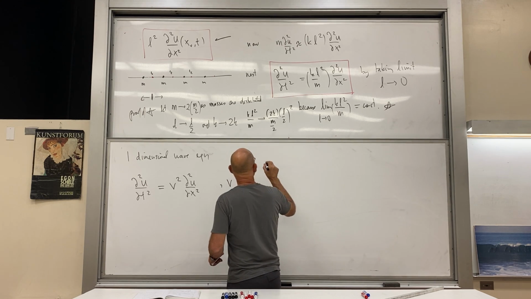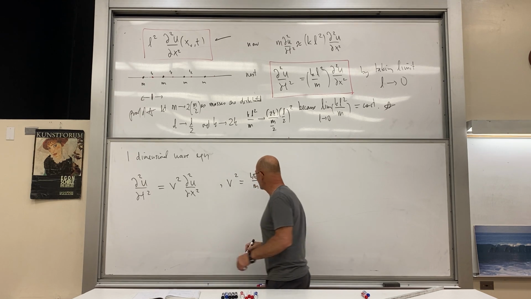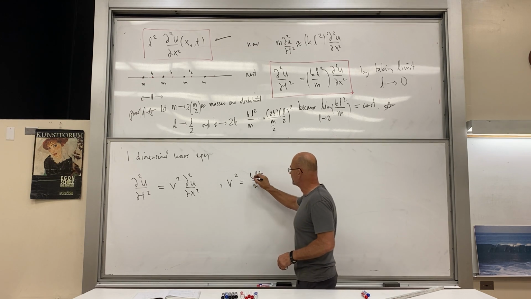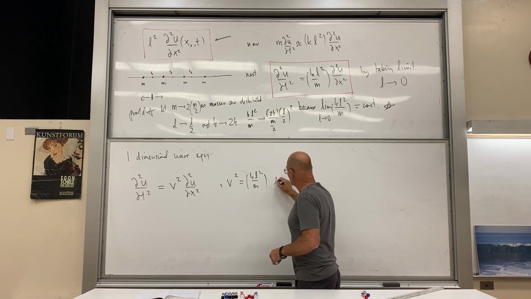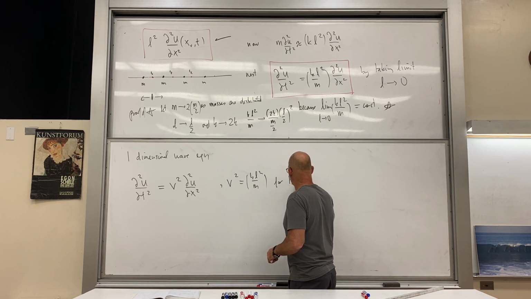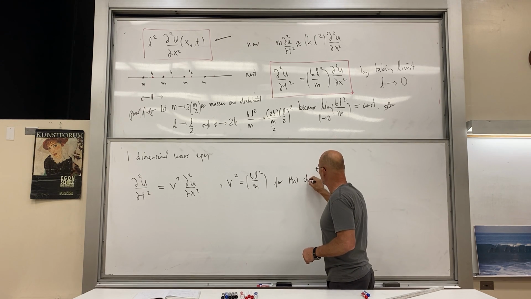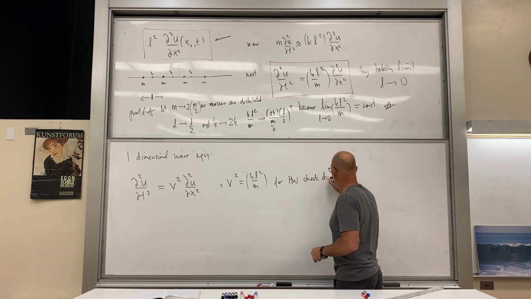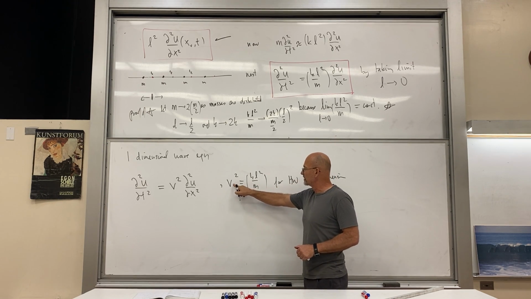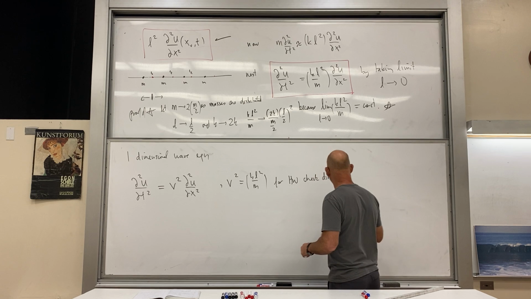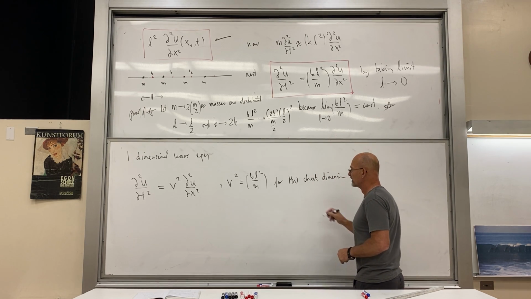Now this v squared is just a number, KL squared over M. So for homework, just to make sure you see this, check the dimensions here. Dimensional analysis has to give you length over time squared for this thing here.